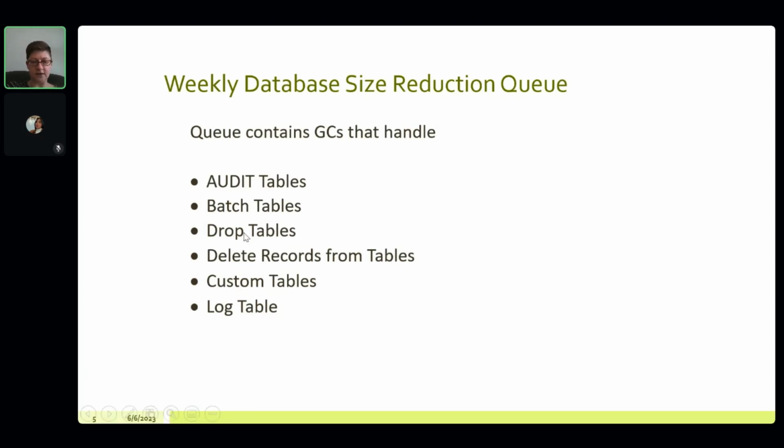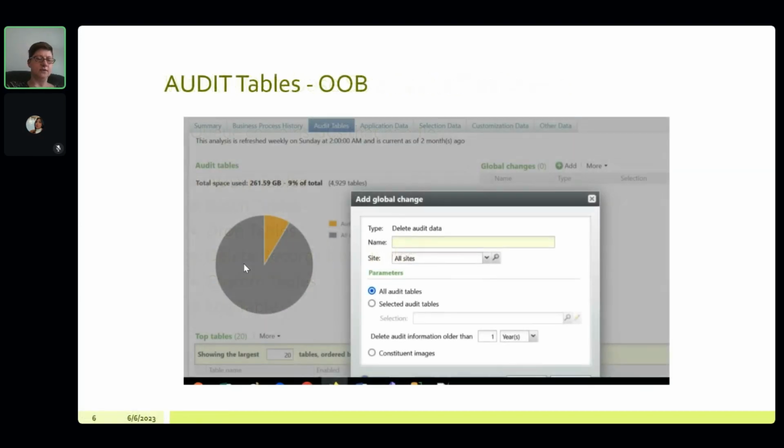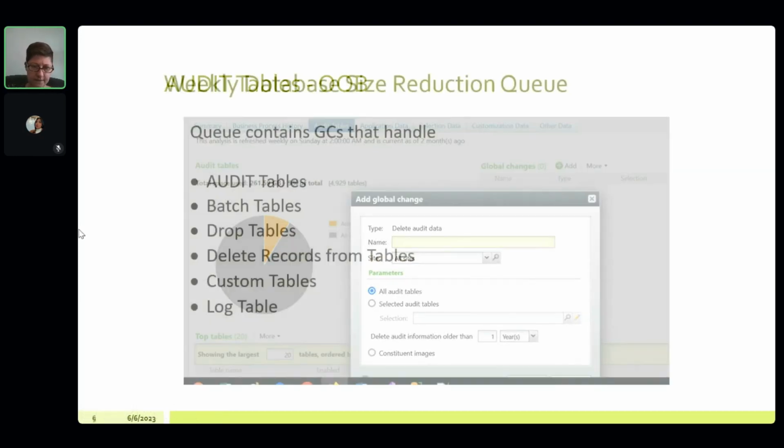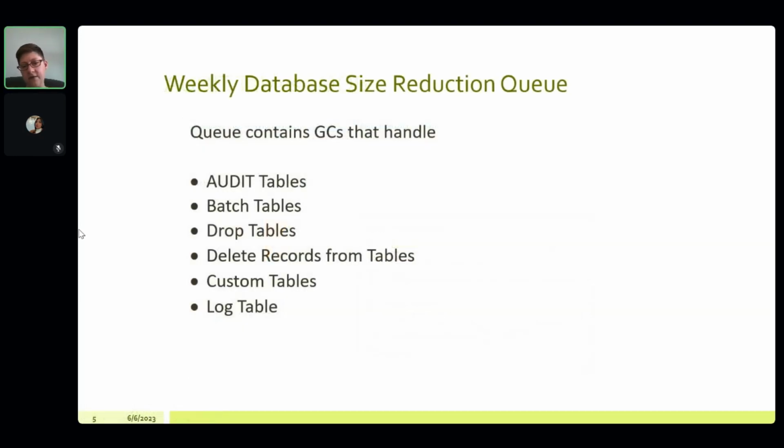We have a GC that drops tables. We have a GC that deletes records from tables, and we've used that for a whole bunch of different tables. We have some GCs to work on some custom type tables, like if any of you use Brightfind Data Link, really great tool. We use it extensively. A lot of that data after a while becomes redundant because it's loaded into final BBCRM.